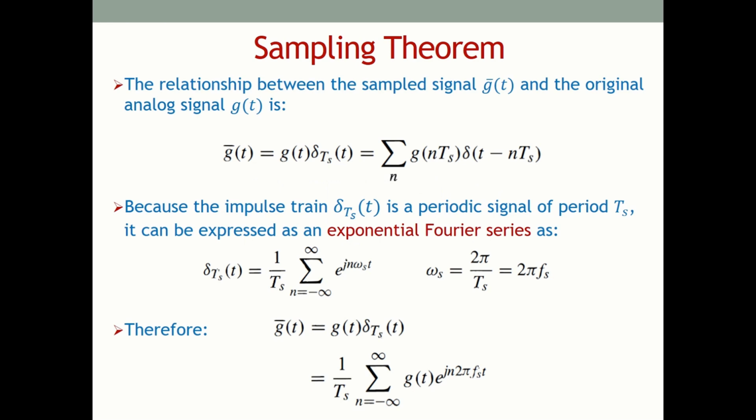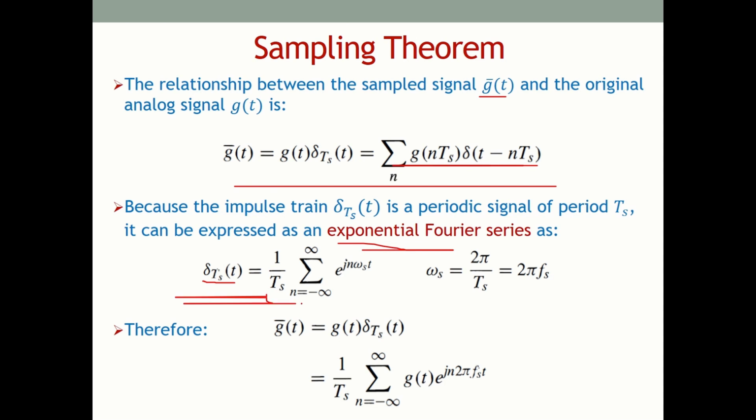The relationship between the sampled signal g'(t) and the original analog signal from the previous discussion is given by this expression. Here you can see impulses are being used to sample the signal. This is a review of impulse train sampling, and we know from the Fourier series expression that a sequence of impulses can be represented in exponential form using this expression.